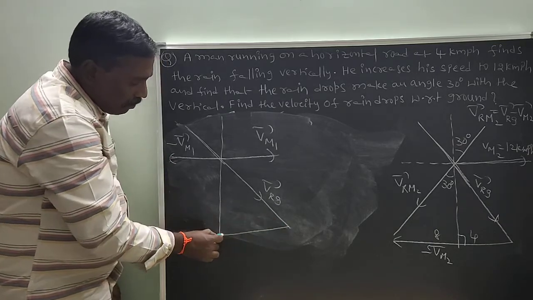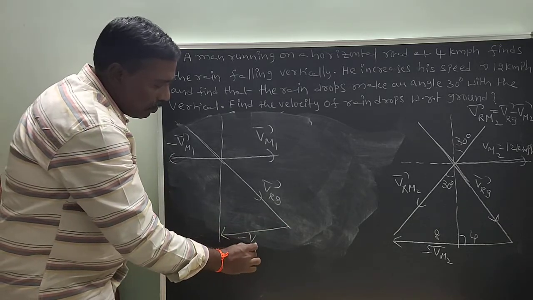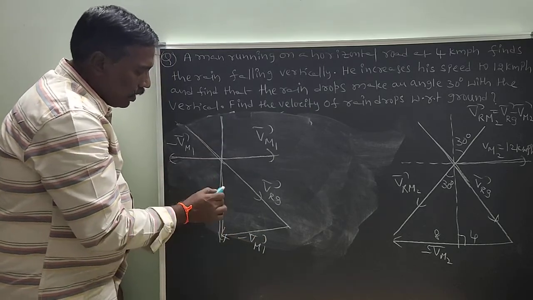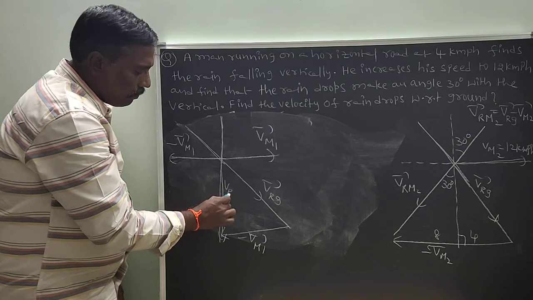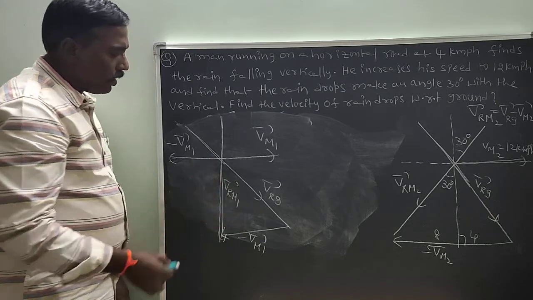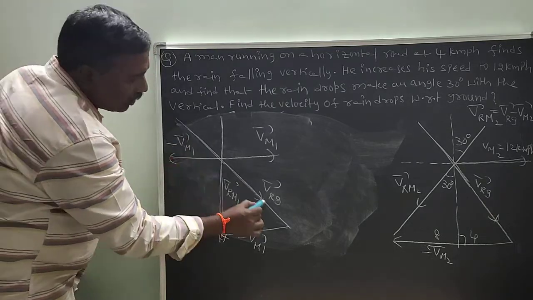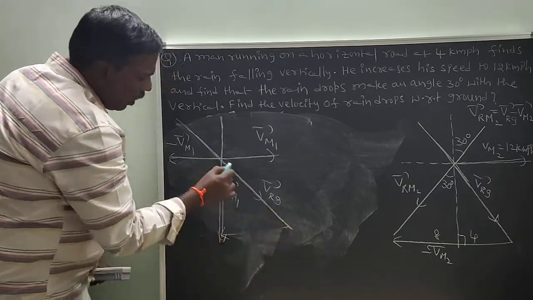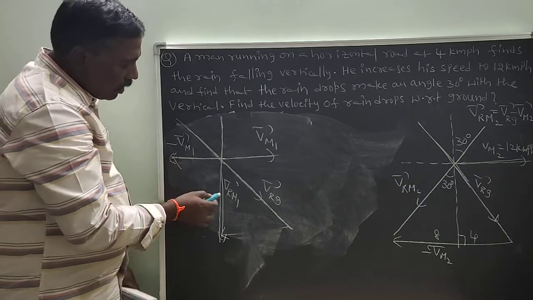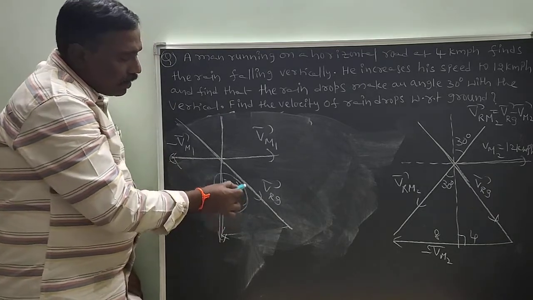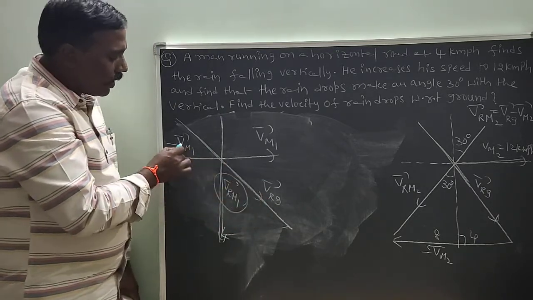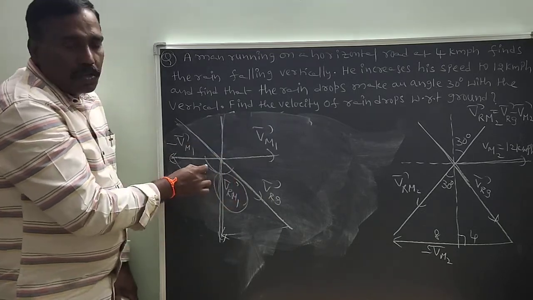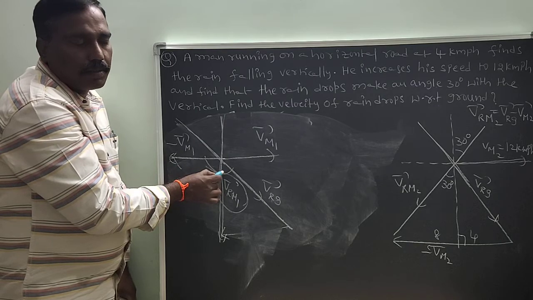This is minus Vm1 bar. So this is the Vrm1 bar. Here Vrm1 bar is the resultant. So this is Vrg bar. Suppose this is Vrg bar, this is minus Vm1 bar. The Vrm1 bar is the resultant of Vrg bar and minus Vm1 bar. So it is in between these two vectors. So this process is correct.